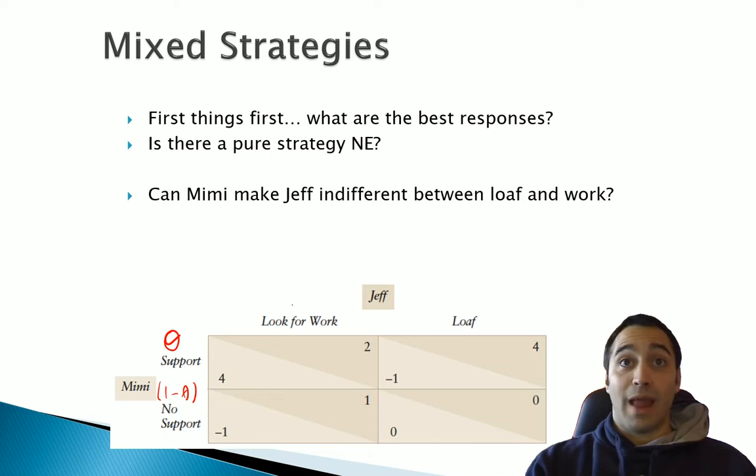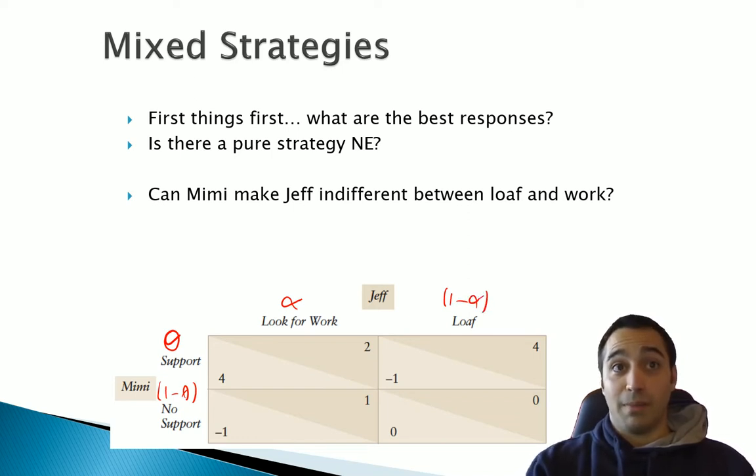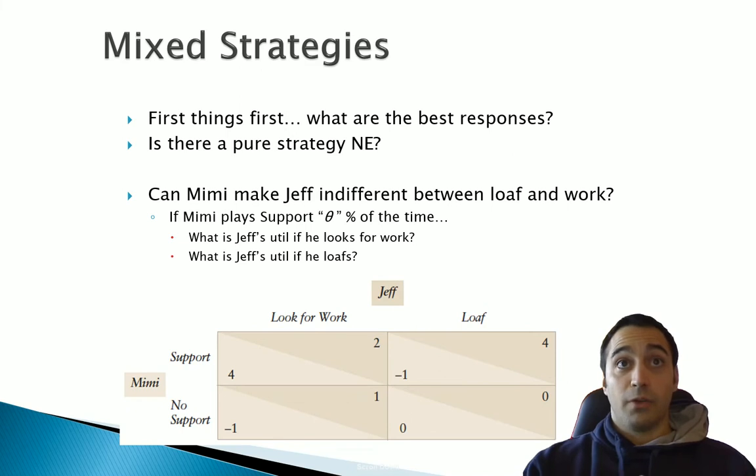Meanwhile, we will look for an alpha for Jeff, i.e. a probability he looks for work, such that Mimi doesn't care if she supports him or not. So this can be a little confusing because Jeff is choosing probabilities based on Mimi's utility levels, and Mimi's choosing probabilities based on Jeff's utility levels. So let's do it.